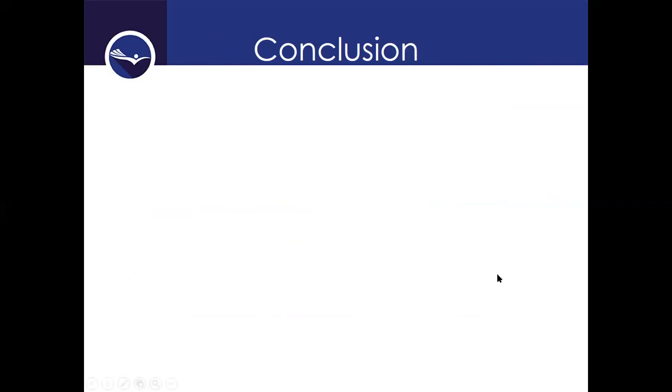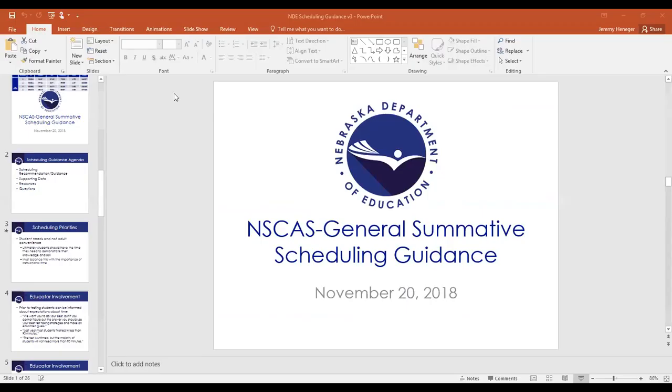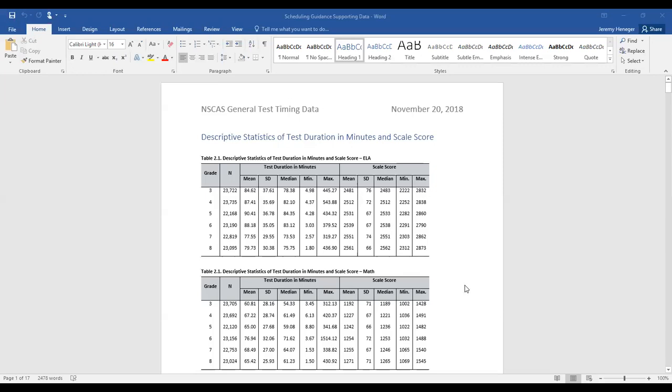Let's go ahead and look at those other documents. First of all, this is the supporting data. It includes some of the data that we went through in the PowerPoint.